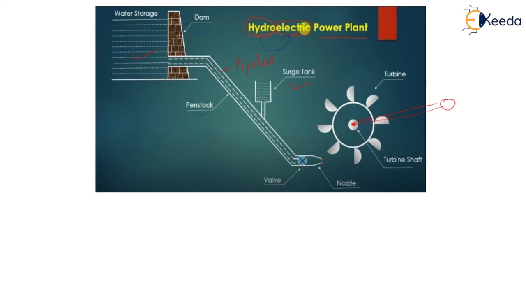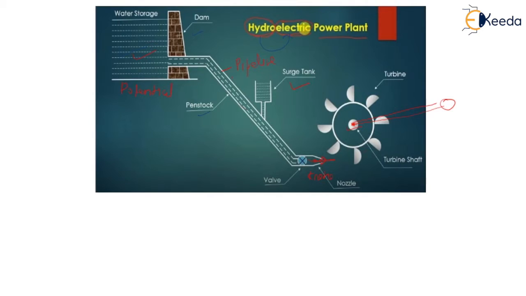If we open the valve, then this water will start flowing from here, and it will come to here, and this potential energy will be converted into kinetic energy here, and through kinetic energy it will convert into rotary motion, and through this rotary motion this shaft will move, and again the rotor of the generator will move.